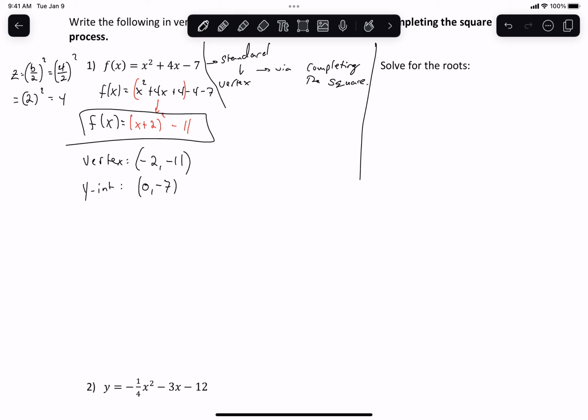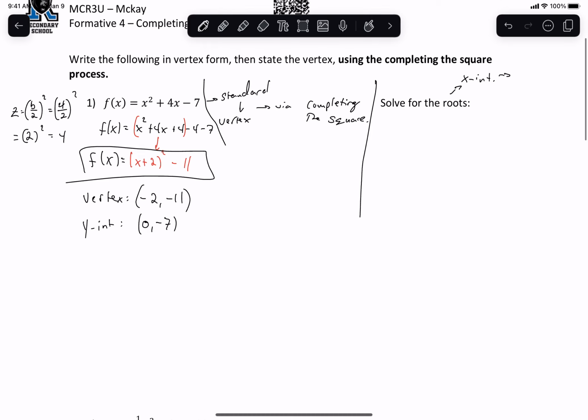So what is true about all points along? Remember, another word for roots is x-intercepts. What is true about x-intercepts? Y equals 0.